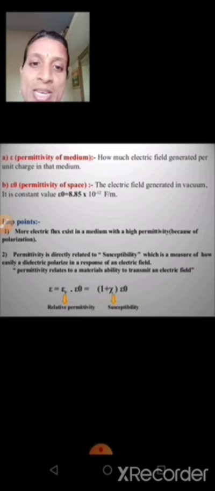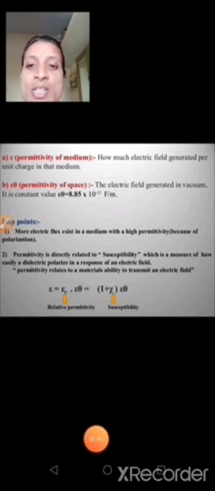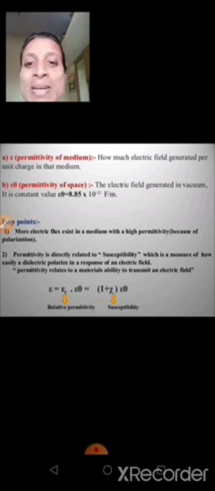If more flux is there, then automatically the medium has higher permittivity because of the polarization. Permittivity is directly related to the susceptibility. Susceptibility is how much the material gets polarized when we place that material inside the electric field. Permittivity relates the material's ability to transmit the field.